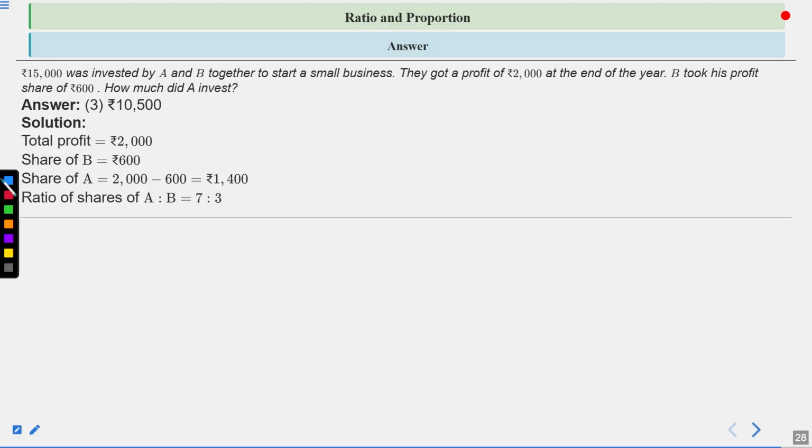So we know that 7 plus 3, which is equal to 10 units, is equal to 15,000. So what will be the value of the share of A? 7 units, which is 10,500 rupees. So the third one is the correct answer of this question.